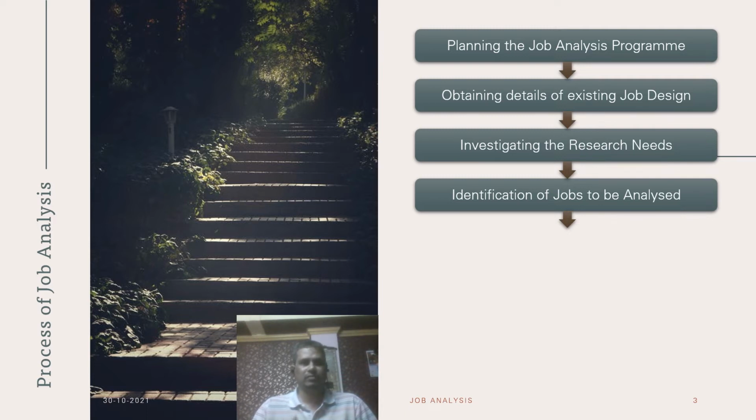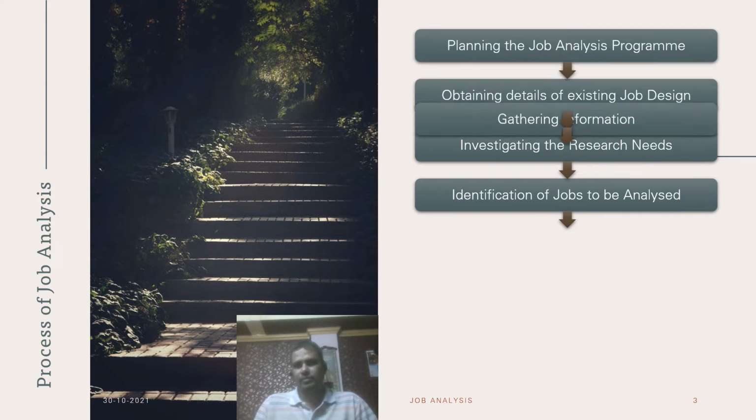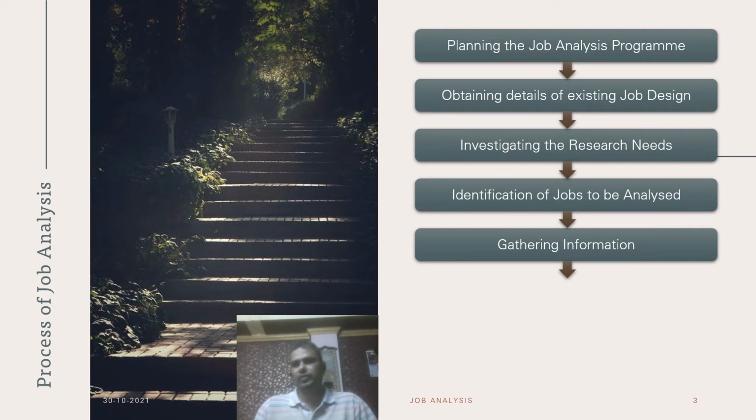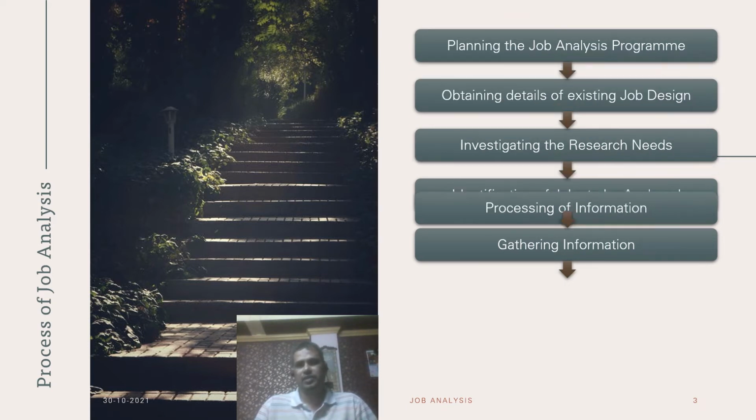The investigation might lead to the emergence of multiple jobs from one design, depending on the level of work involved. For that, you gather information. Here come the job analysis techniques, how you gather information about a particular job, and various techniques fall in this stage.